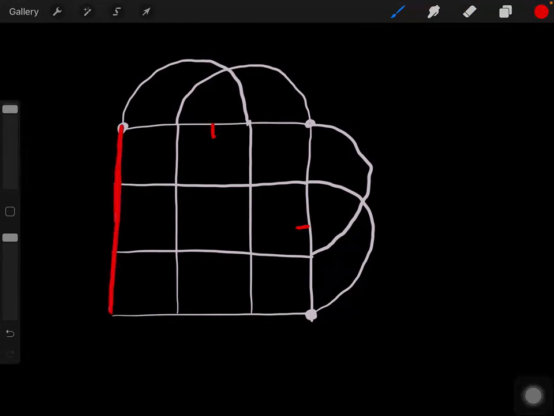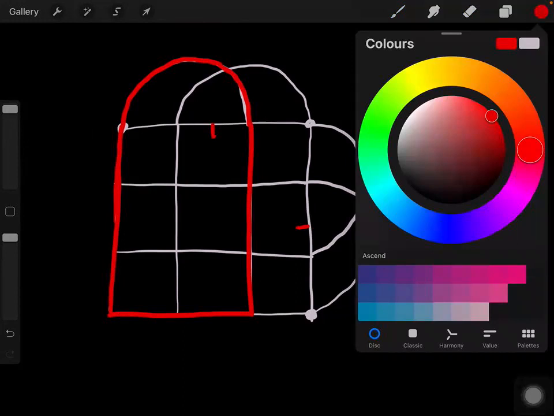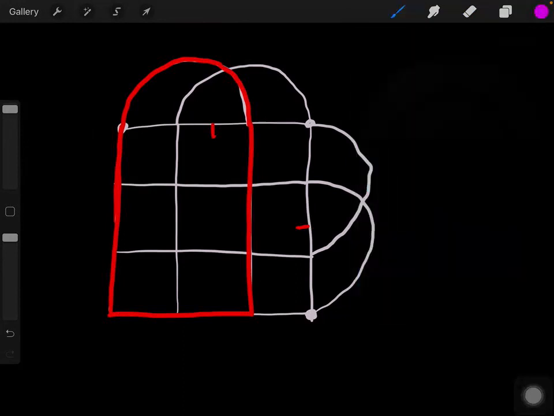This is set A. Next, my set B is going to be the one right adjacent to this.